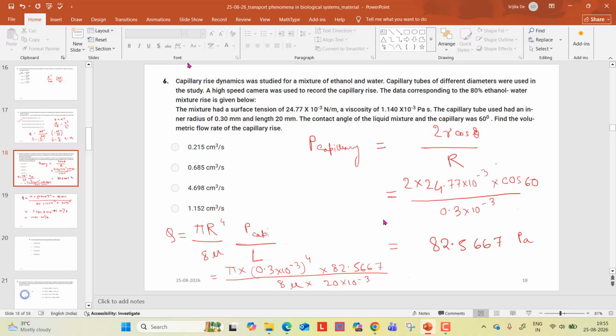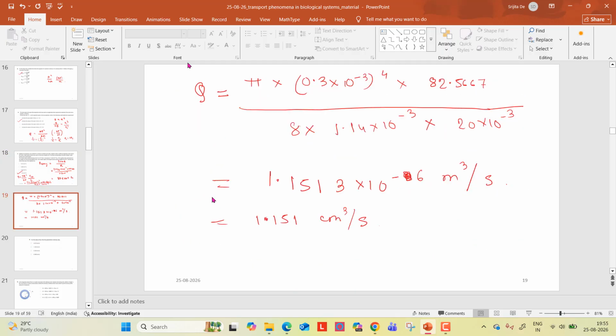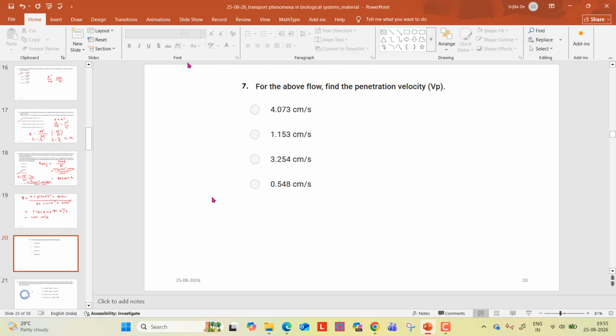Which is option 4. Okay, you just check it please, where I did the calculation mistake. I couldn't find it actually. Sorry for it. Anyway, just do.